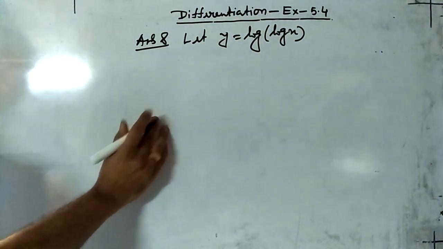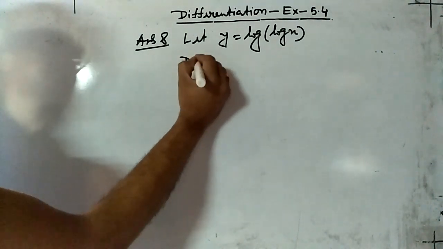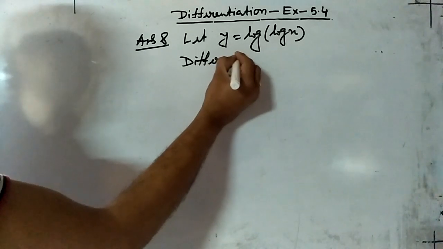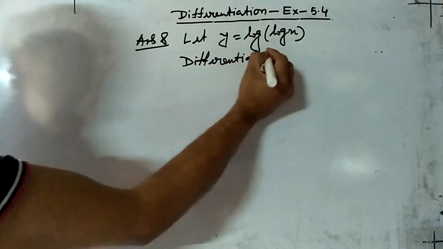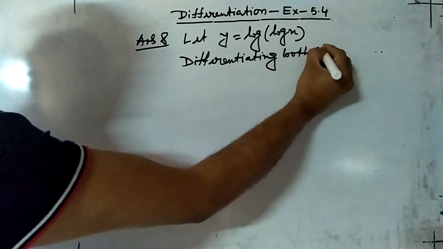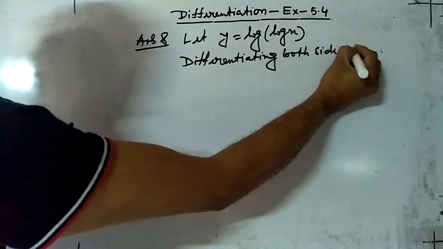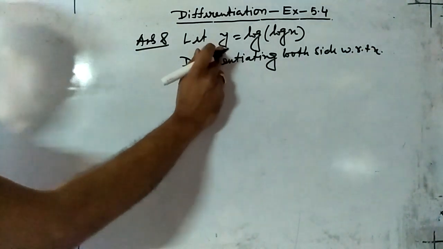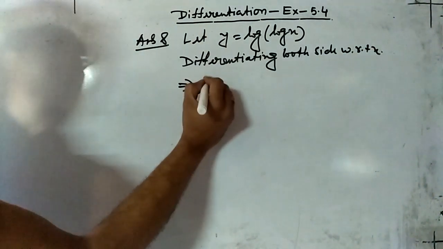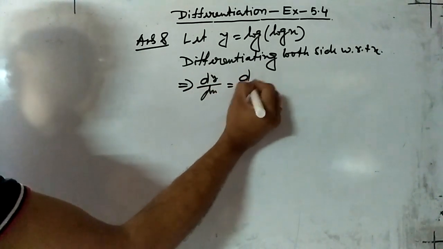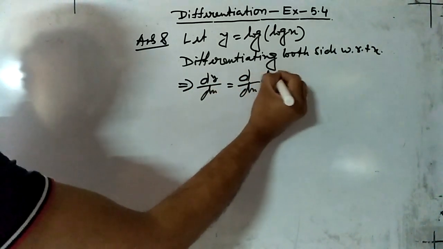Differentiating both sides with respect to x. If you find the derivative of y, then it will be dy by dx, and it is d by dx of log of log x.